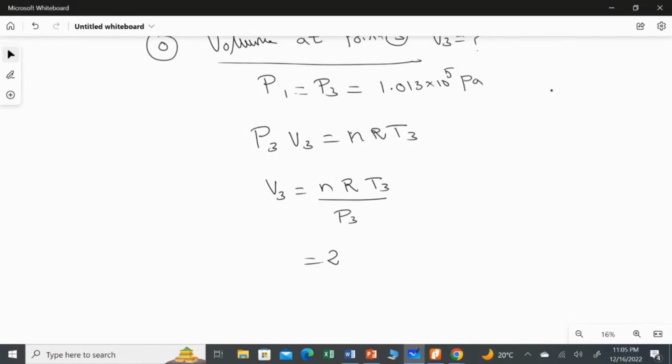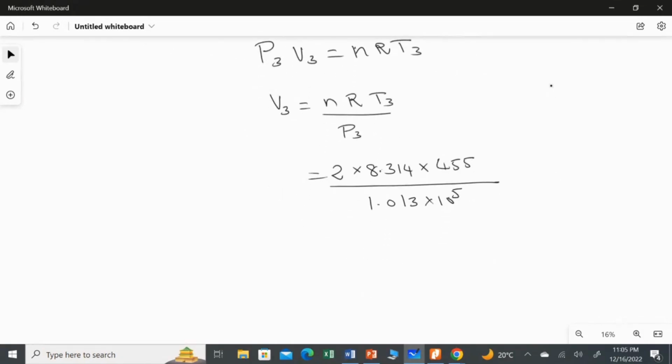So n takes the value of 2. The gas constant is 8.314, and the temperature at the third state is 455, right? 455, which is given in the question, and P3 is equal to P1. So I am going to use the answer for P1, which is 1.013 multiply 10 power 5. So let's see what the answer is for V3.